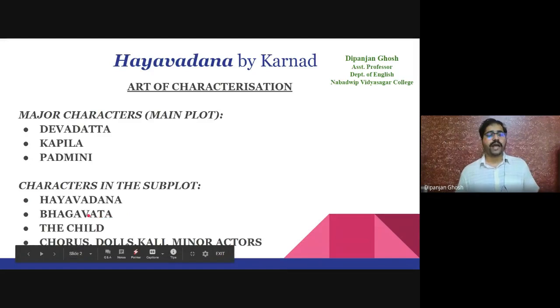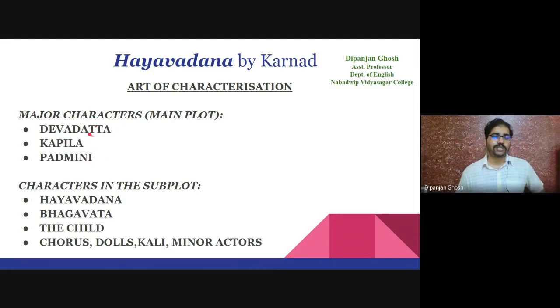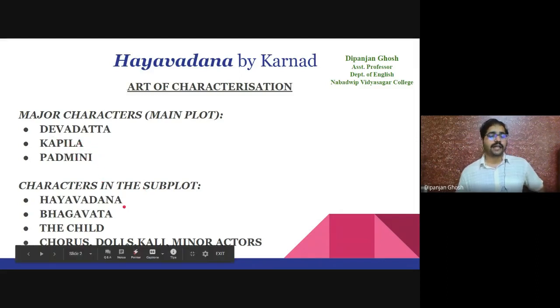Along with Hayavadana, there is a child, the child of these three, because we cannot identify whose child it was, because of the body and head debate that takes place in this play. And there are other characters: the chorus, the dolls, goddess Kali, and the minor actors whom we have named in this reference.